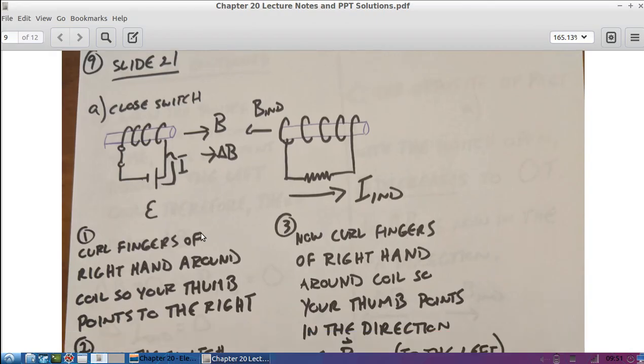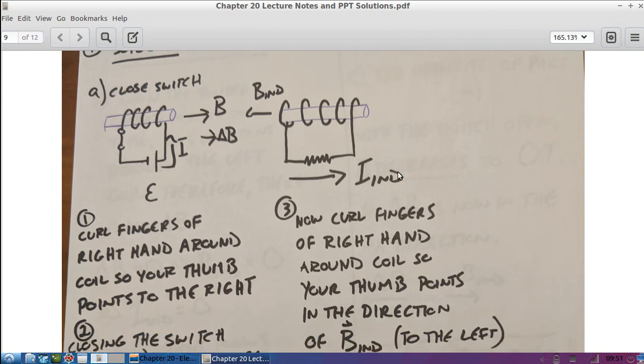These are my poorly drawn sketches. I tried to do them as best I could. So my induced current goes that way. The right hand rule tells me delta B is to the right. My induced magnetic field is to the left, so my current is looping in this direction. I induced is to the right. Okay, so that's part A.